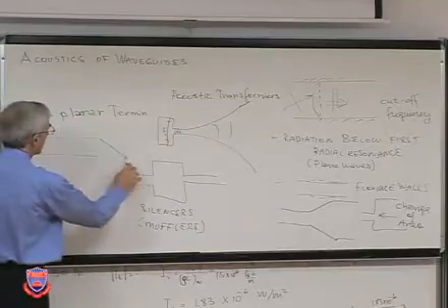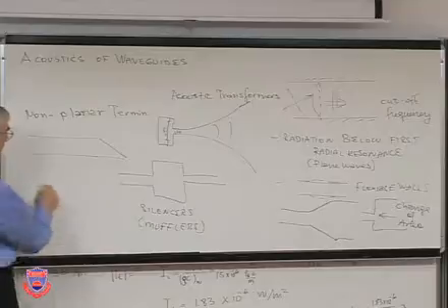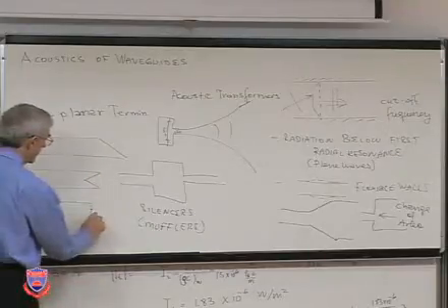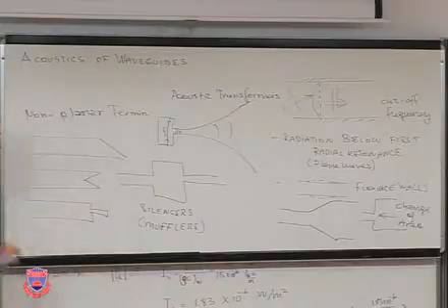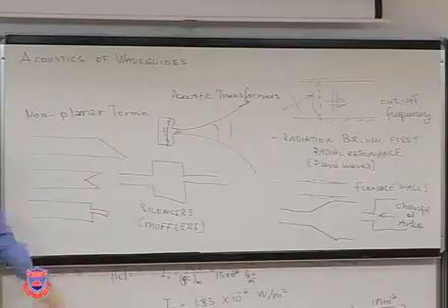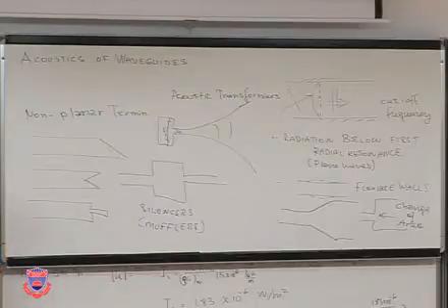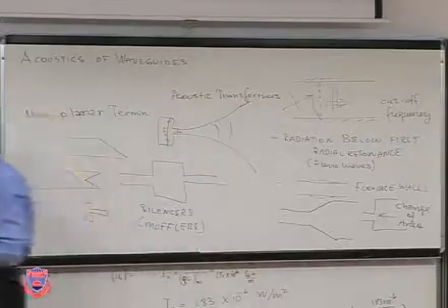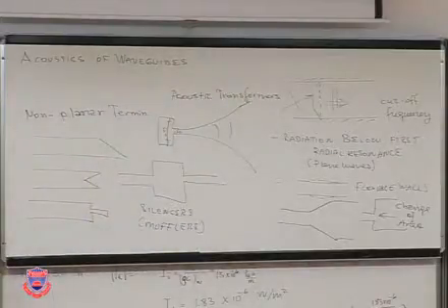But what happens if you have a non-rigid termination, or if you have something like this, or something like this? Okay, so we'll take a look at all these. So acoustics of waveguides covers a number of different topics, and we'll now start with the very first one and derive the equations of motion.